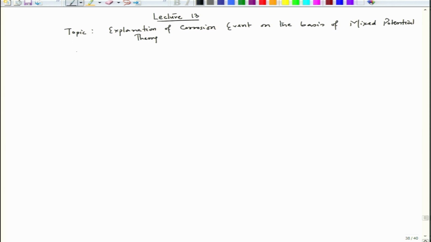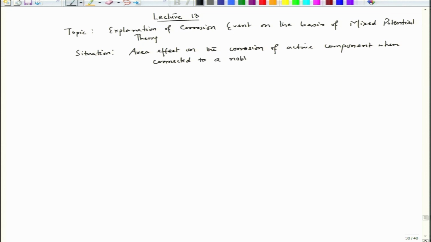And we have started our discussion on this particular situation, area effect on the corrosion of active component when connected to a noble component.